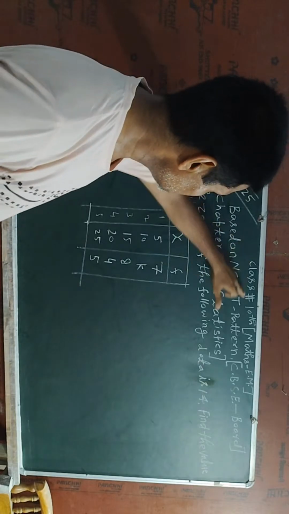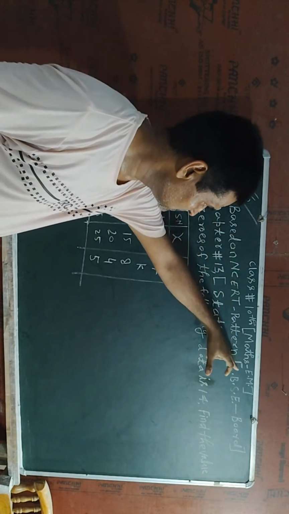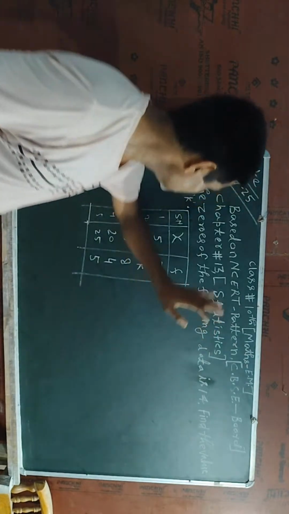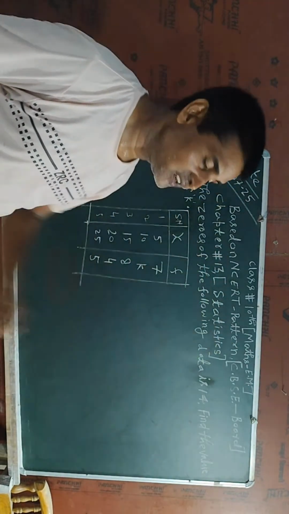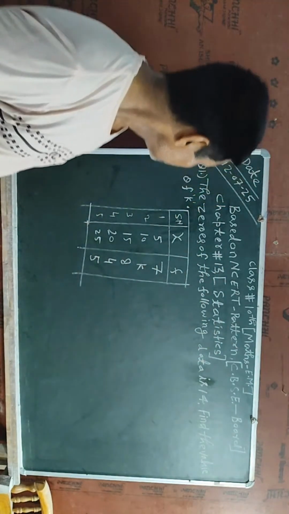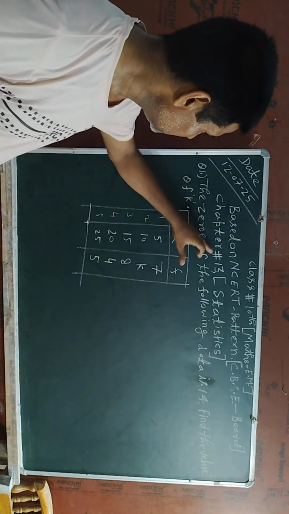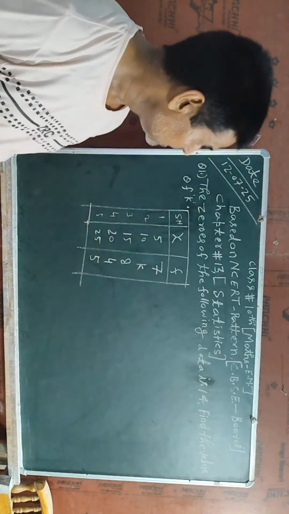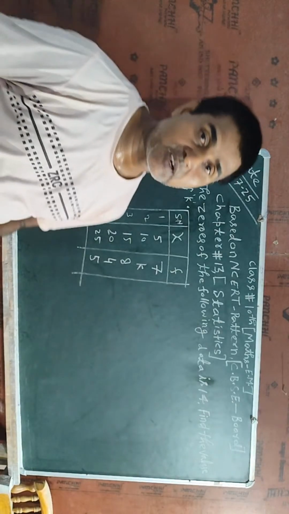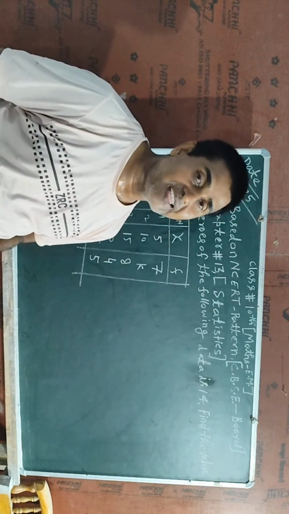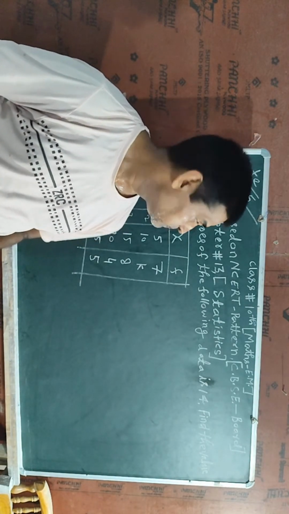This is class 10th mathematics, in English medium. It is based on the NCERT pattern and the CBSE board. Here I am explaining chapter number 13. From chapter 1 to 12 I have already taught you.